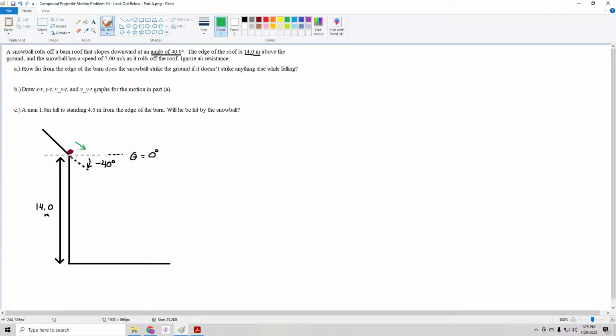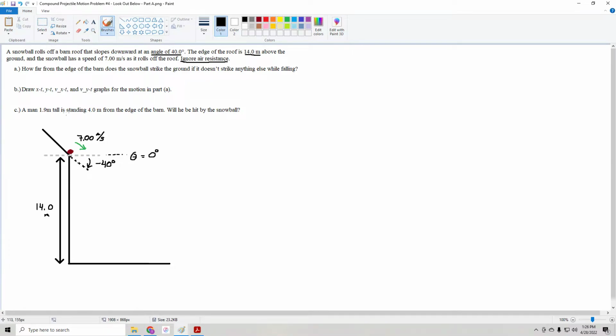That's the speed that it's falling off with. And we're told that that's 7.00 meters per second. We're told to ignore air resistance, so we don't have to worry about anything fancy here.